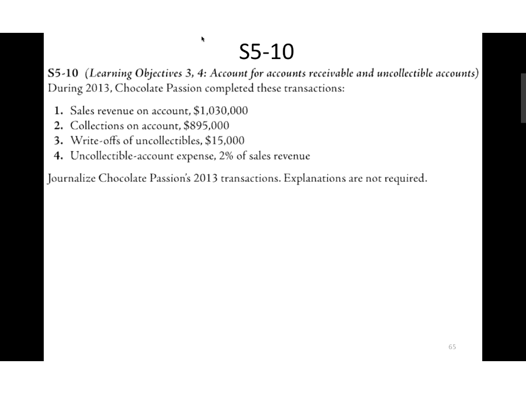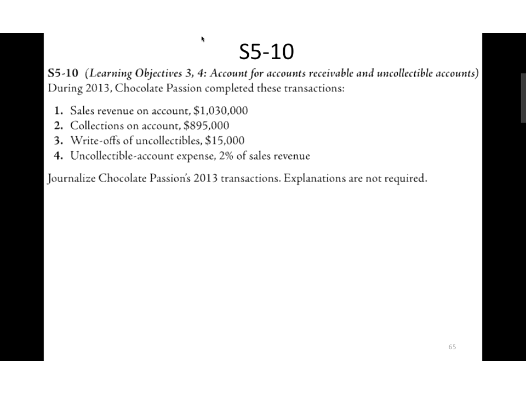Okay, so exercise 510. We have a couple transactions that we're going to record. The first transaction, all we're doing is recording transactions. That's it. So, first one, sales revenue on account. We sold on account. What's our debit?